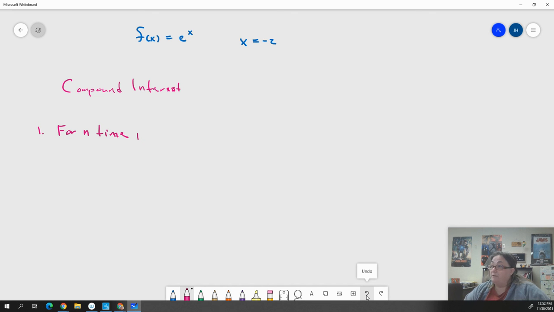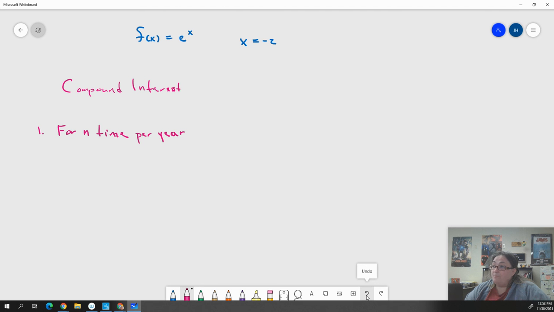N times per year. So if it's quarterly, that's 4 times per year. If it's bi-monthly, that's 6 times per year. If it's annually, that's 1 time per year, right? Over a certain number of years.